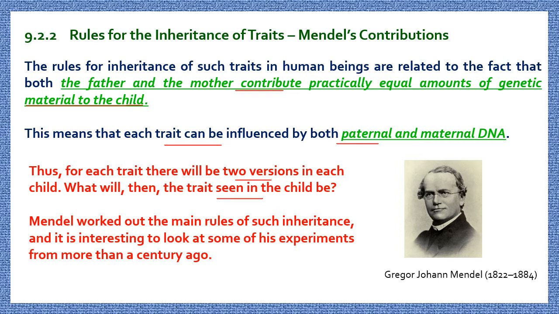Mendel worked out the main rules of such inheritance, and it is interesting to look at some of his experiments from more than a century ago. He did all these experiments a century ago, but his work is valuable even today. So we'll see some of his experiments. Two of his experiments we'll see over here.